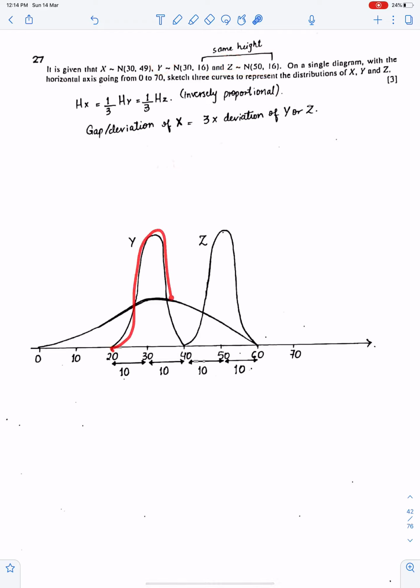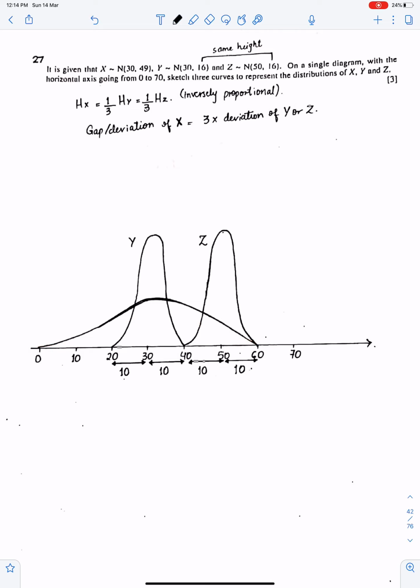They both have the same peaks, Y and Z, and X has one third of this peak, because this is 3 times. 16 times 3 makes 48, so the peak should be one third of this. This peak is not looking like one third, this should be the correct peak.